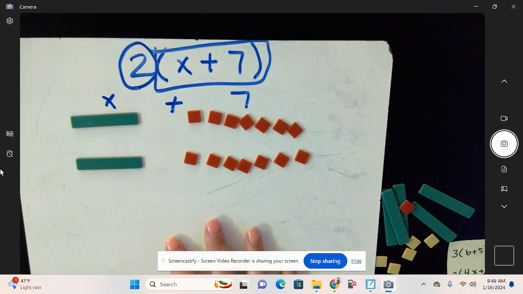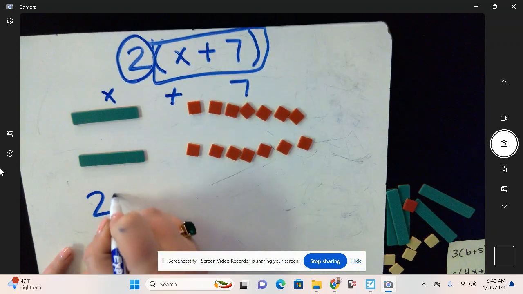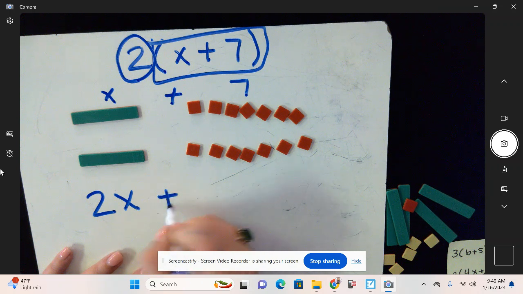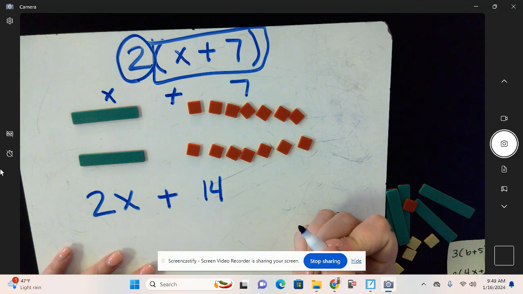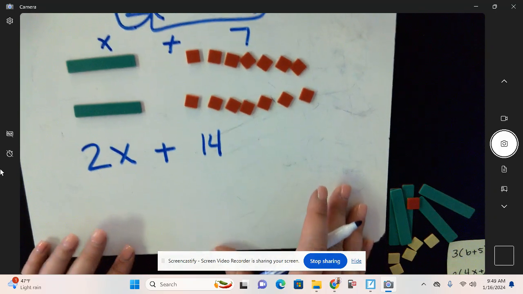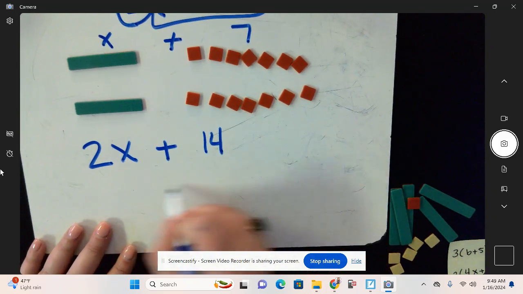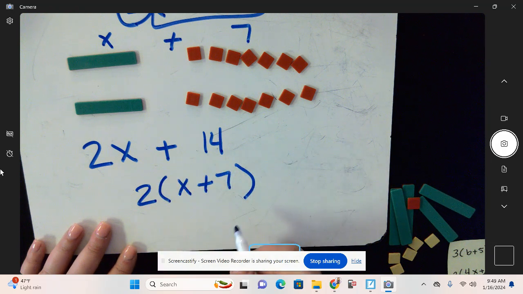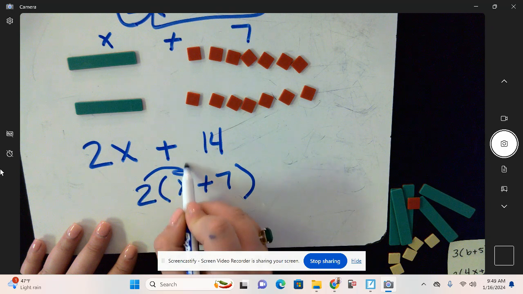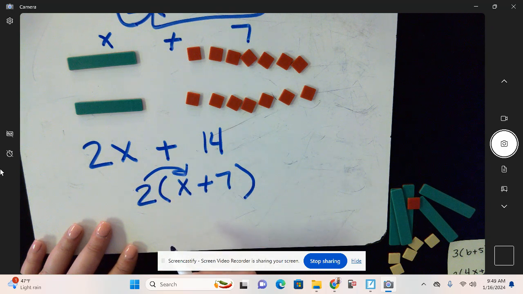All right. So if I combine this together, how many x's do I have? 2 x's plus how many ones? 14. 14 ones. If I wanted to show that the math way, if I had 2 times x plus 7, I would distribute my 2 to the x. So 2 times x.